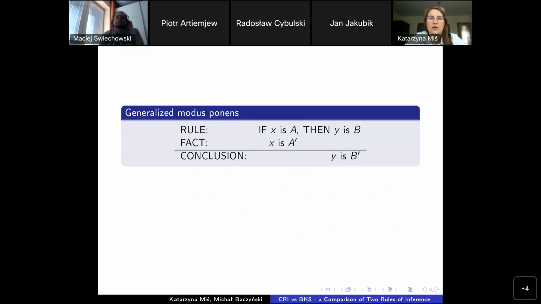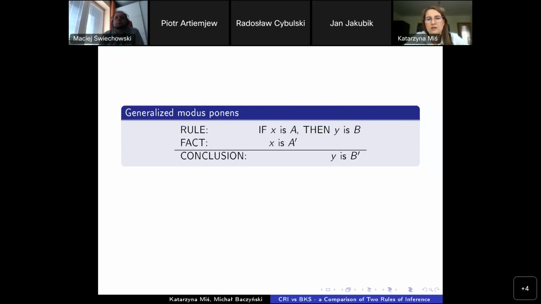So maybe some of you know that it's based on a rule, a set of rules, if then. Here, actually, I have one rule. If X is A, then Y is B. As an addition, we have a fact that X is A prime. So we have some properties A, B, and A prime.